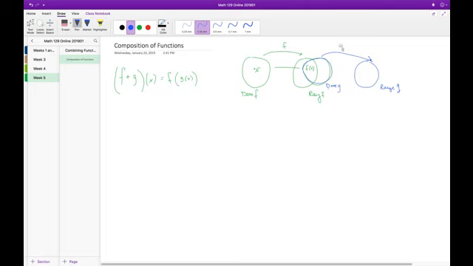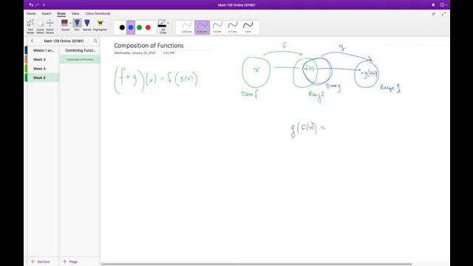It's going to take the element, let's say it takes f of x, and it maps it to the range. So this would be g of f of x. So we would say that, again, g of f of x is the composition of functions.